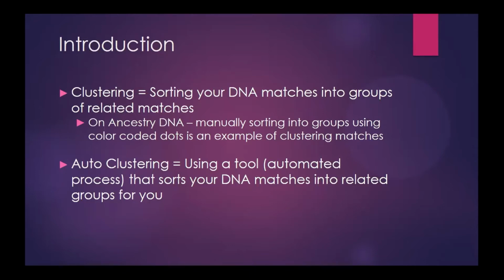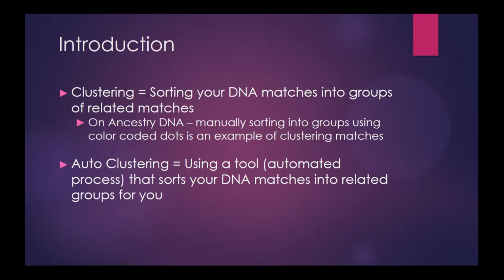So auto-clustering is basically using a tool to automatically cluster and sort your DNA matches into related groups for you. So this is using a tool to do that work that you might have done manually.